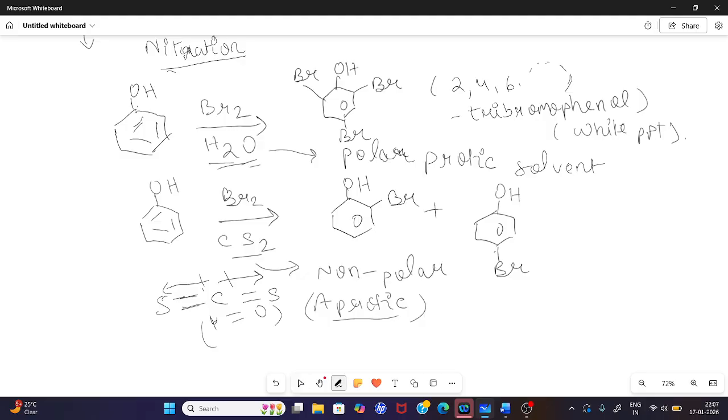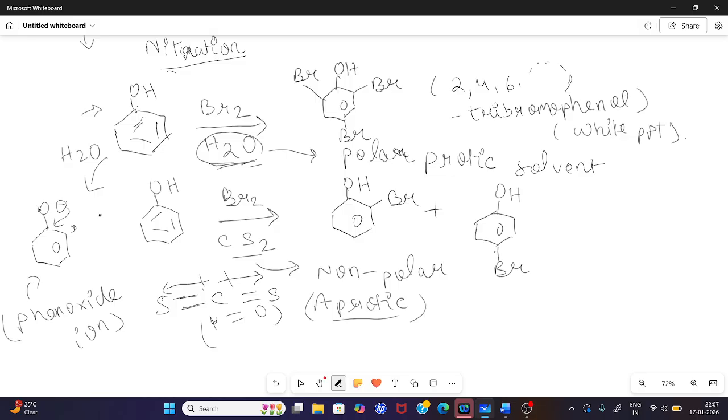Here the protic solvent is present, and protic solvents like these can stabilize. In the presence of an aqueous medium like water, this phenol can undergo dissociation to exist in the form of a phenoxide ion. This phenoxide ion, with a negative charge, is much more electron directing at the ortho and para positions compared to the neutral phenol.